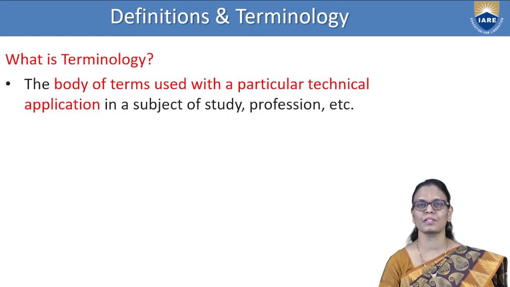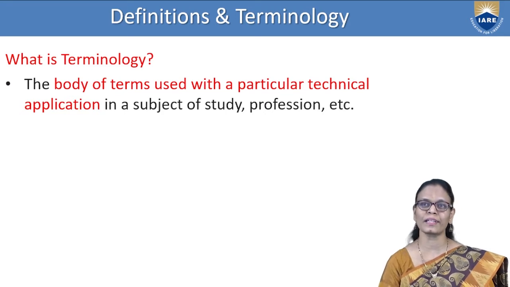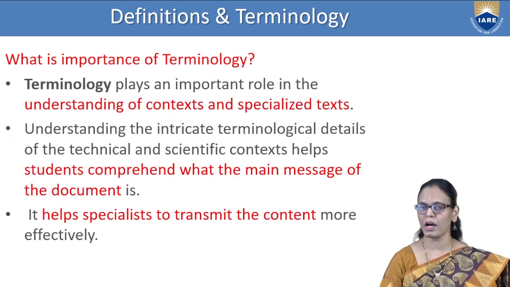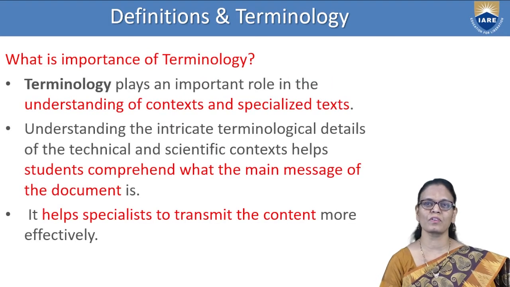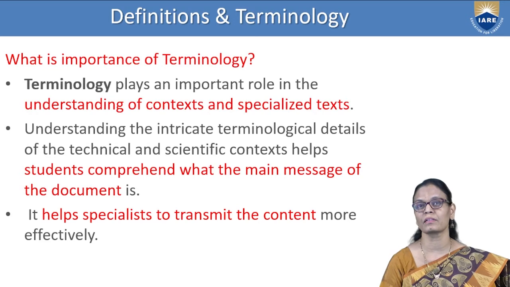Coming to terminology. What is terminology? It is the body of terms used with a particular technical application in a subject of study or a profession. Now, what is the importance of terminology? Terminology plays a very important role in understanding the context and specialized texts.